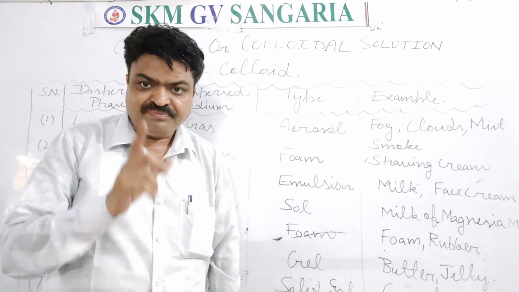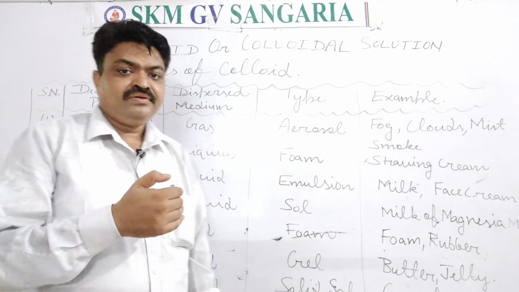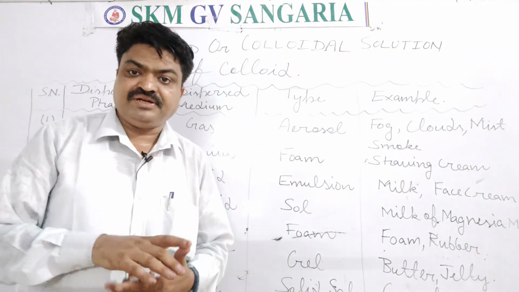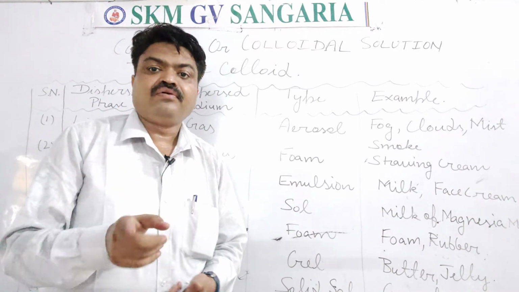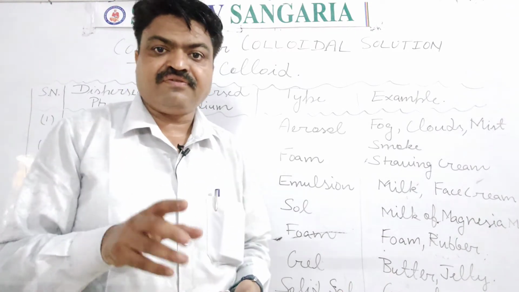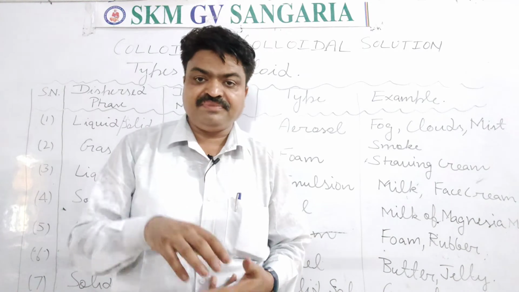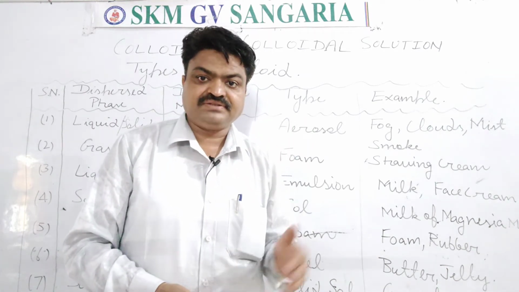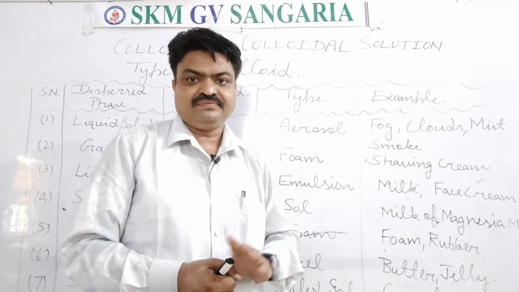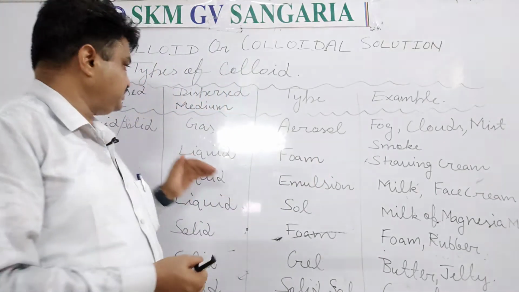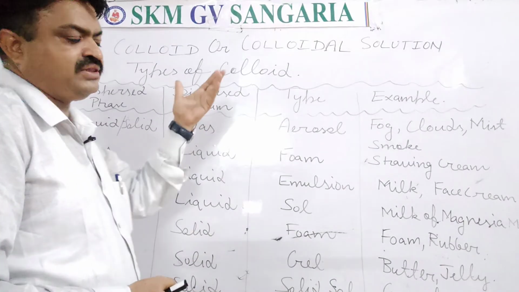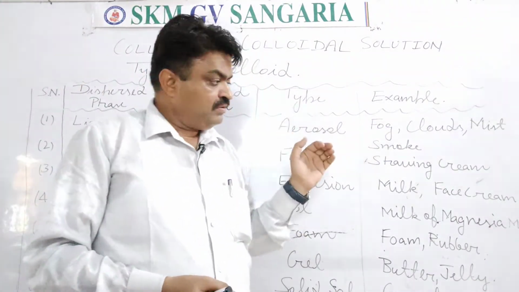Means it is a mixture of liquid and solid particles in a gaseous medium. Means when liquid or solid particles are found in a gaseous medium, then the mixture that we get is known as aerosol. And first, I have given you the example of liquid and gas aerosol, like the deos and the perfumes.